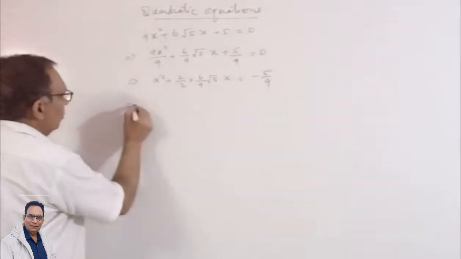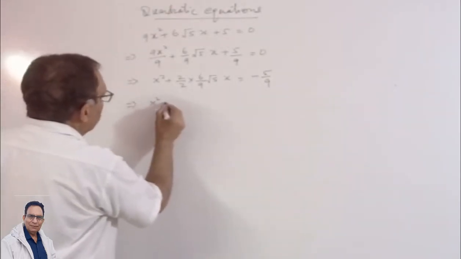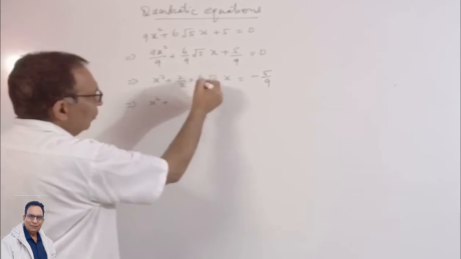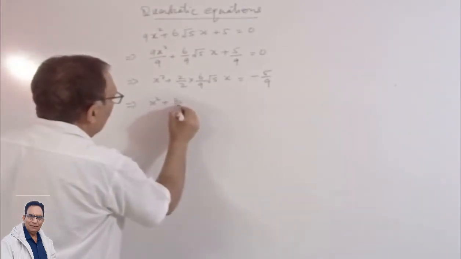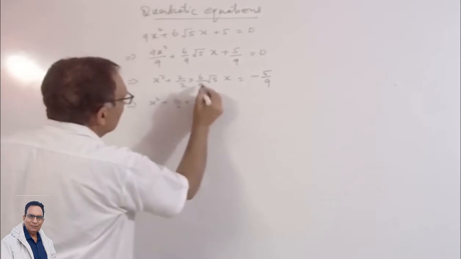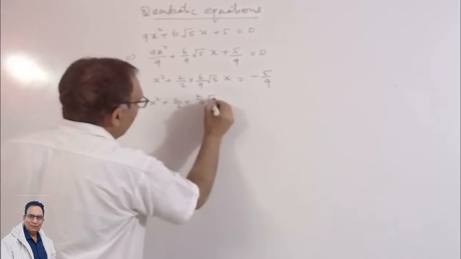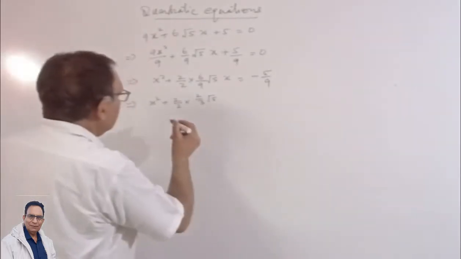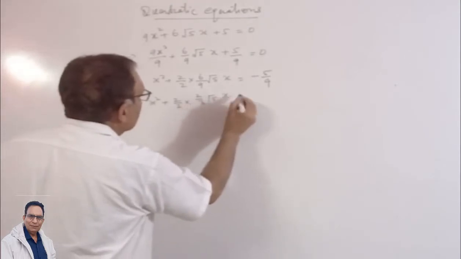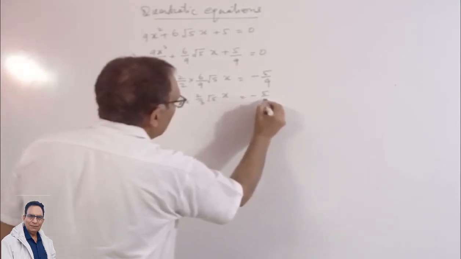Let us solve it a bit. x square plus this, if you want you can cancel it here itself. So it will be 2 over 2 into cancellation by 3, 2 over 3 radical 5. Now x is equal to minus 5 over 9.